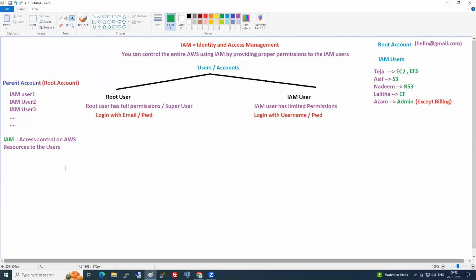Is it easy for me to manage all 1,000 users with one single root account? I'll go mad. Yes or no? Definitely I'll go mad, because 1,000 users. Imagine I need to create 1,000 users. I need to maintain permissions for all 1,000 users. Whose user is in which department, I don't know. Is it difficult or not?